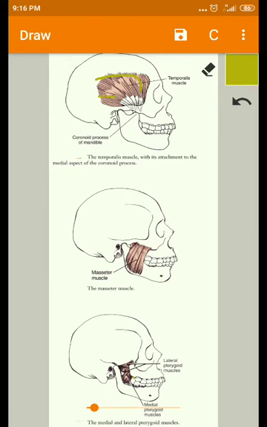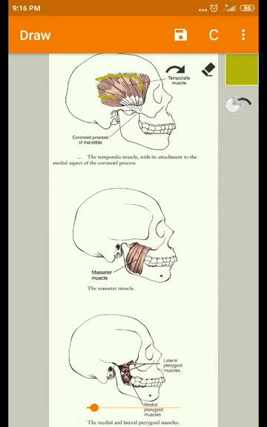The proximal part is attached to the cranium, whereas the inferior part is attached to the coronoid process on the anterior edge and the medial surface of the ramus of the mandible.